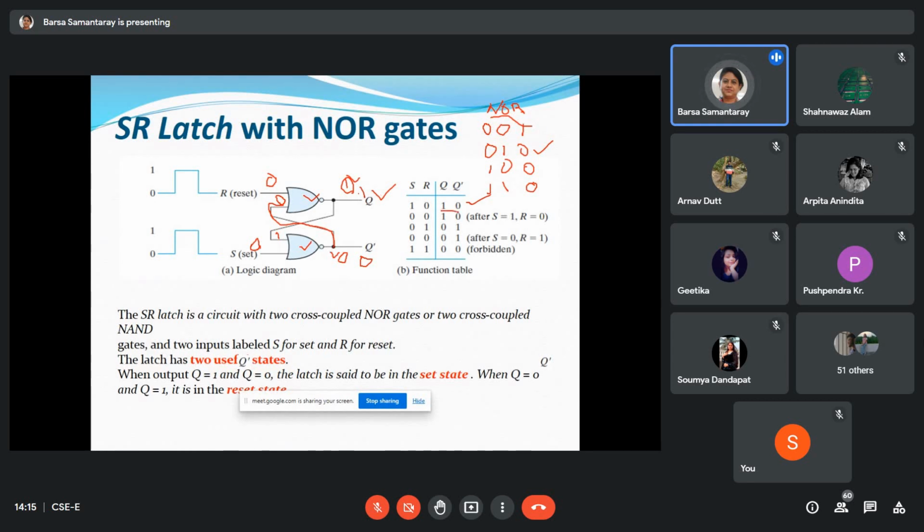Look, what was my output here? 1 0, meaning Q Q dash, actually Q, but if I consider Q Q dash, the value was 1 0.